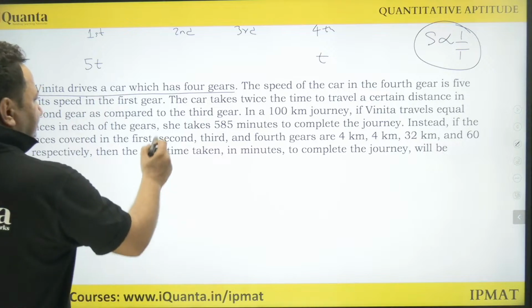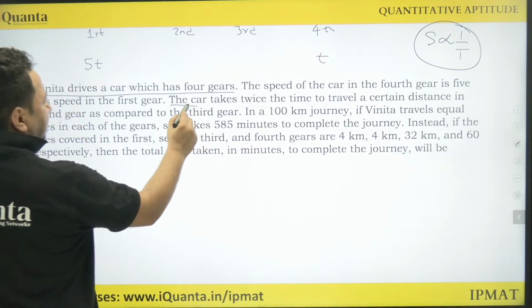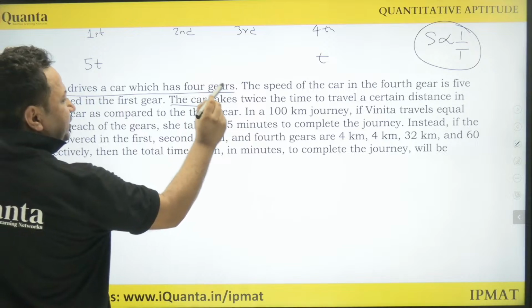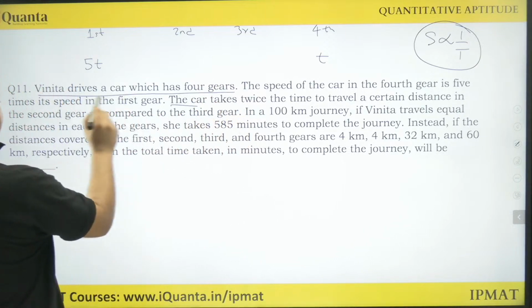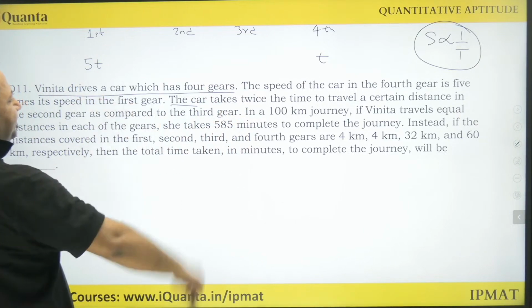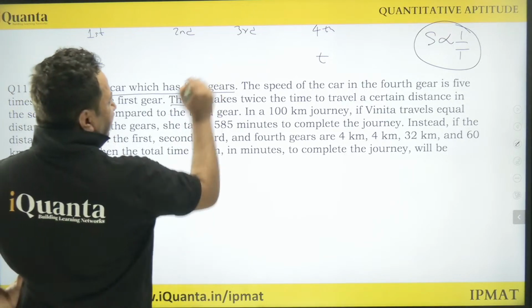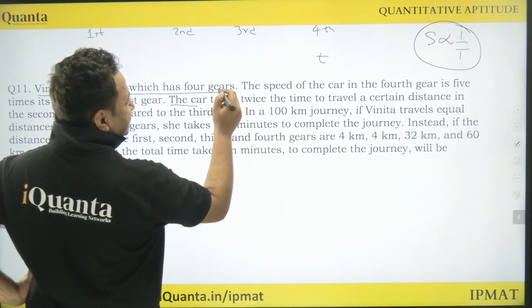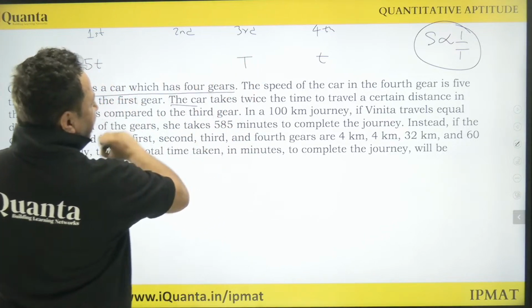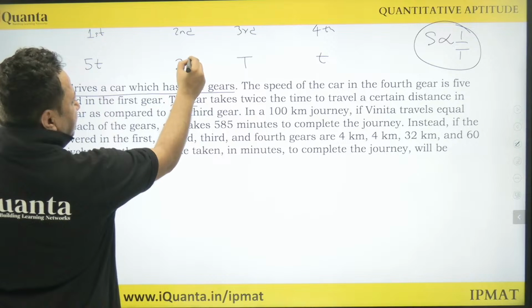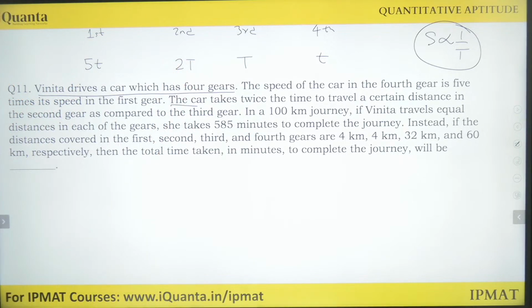Then this says the car takes twice the time to travel certain distance in the second gear as compared to third gear. So if third gear time taken is, let us write capital T, in second it will be 2 times capital T. Clear to all of you?